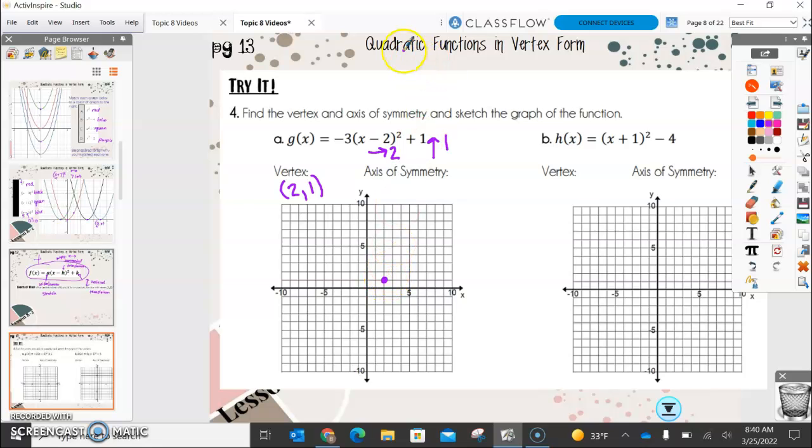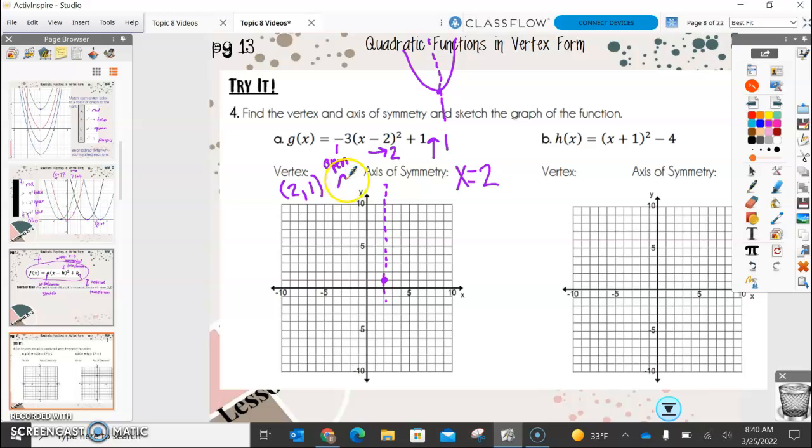Now, when we draw a parabola, the axis of symmetry always goes through the vertex. So I know that this is going to have an axis of symmetry to cut right through this vertex. Therefore, it is at the x value of 2. We always write our equation for the axis of symmetry with an x equals, because that's the value where the line would be drawn. Now, from here, I see a negative. This means it's going to open down.